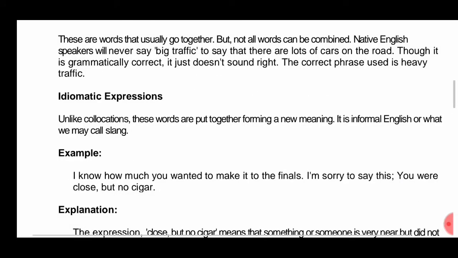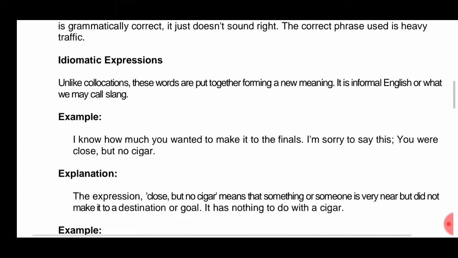So class, we will focus more on determining idiomatic expressions by using context clues, because this is the most basic lesson and technique to learn the meaning of idioms. Unlike collocations, these words are put together forming a new meaning, so it is informal English, or what we may call slang.